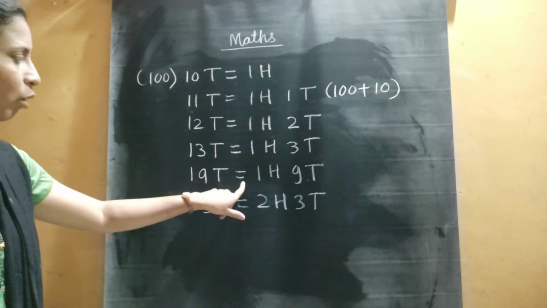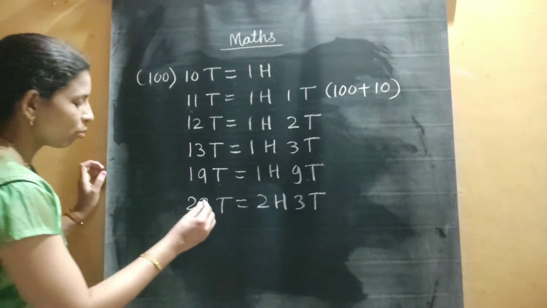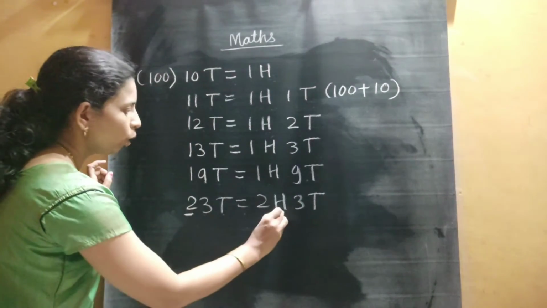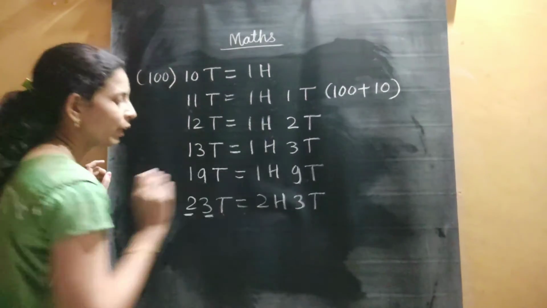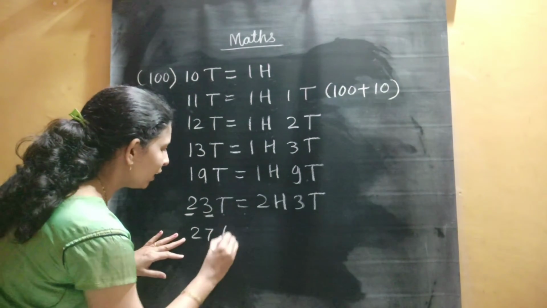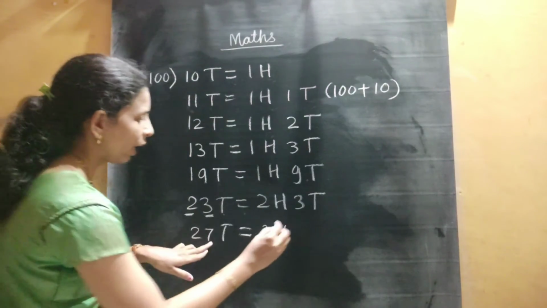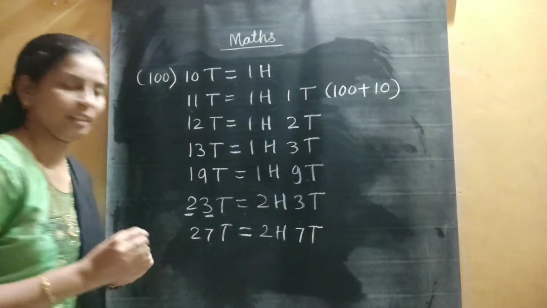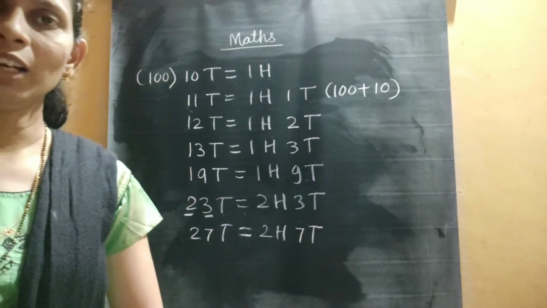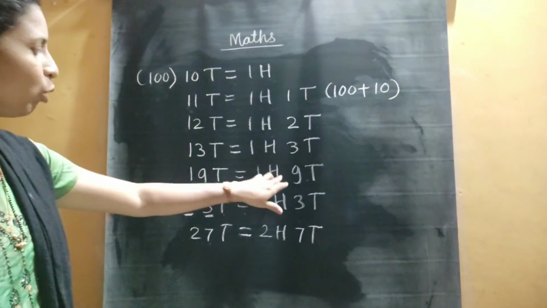Then 23 tens is equal to 200 and 3 tens. Okay students, suppose 27 tens, then we will write 200 and 7 tens. When we learn addition by carrying over, you should know how to read this.